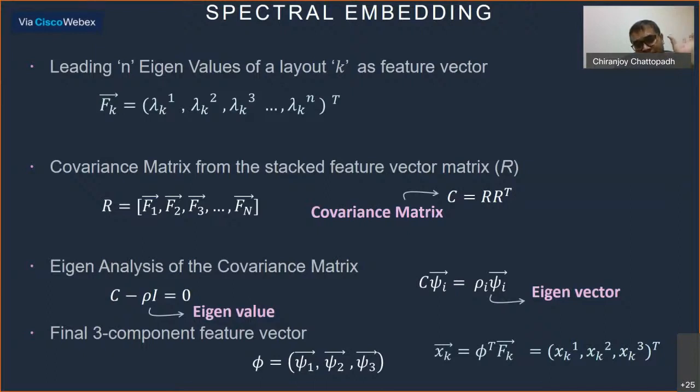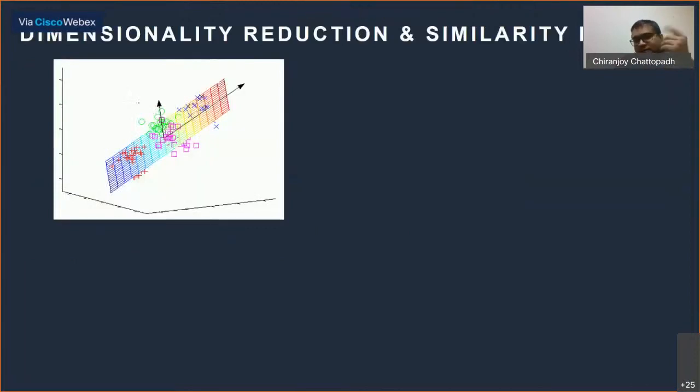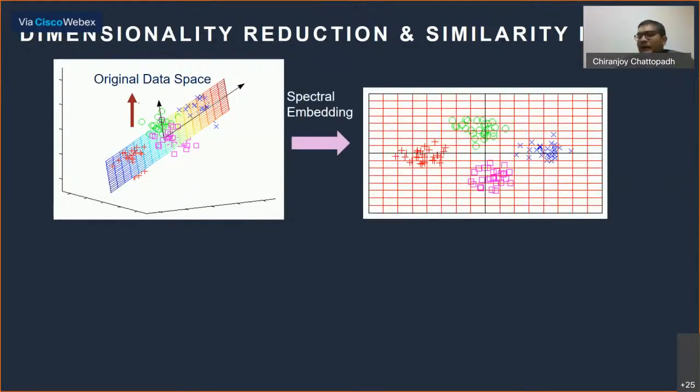Okay, so what has happened now? Your floor plan image is now represented as a feature vector in this three-dimensional feature space. And this actually gives us the performance enhancement. This was the original data space. Using this spectral embedding, we create this new pattern space where the similar layouts are clustered.